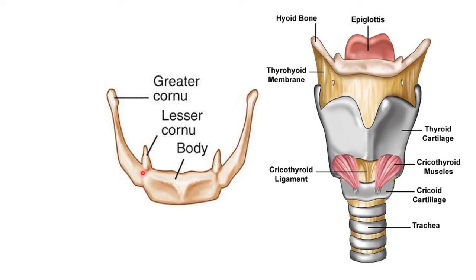The body is elongated and quadrilateral in shape. It has two extremities or ends, an anterior surface and a posterior surface, and an upper border and a lower border.